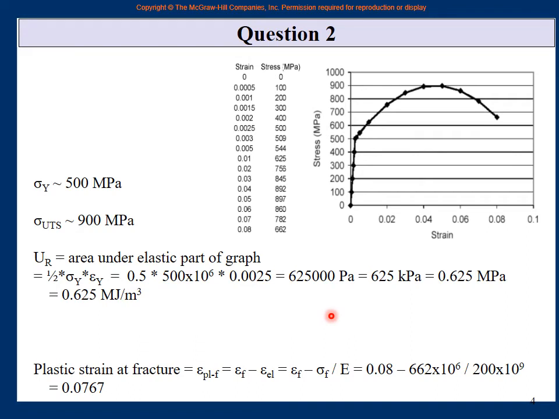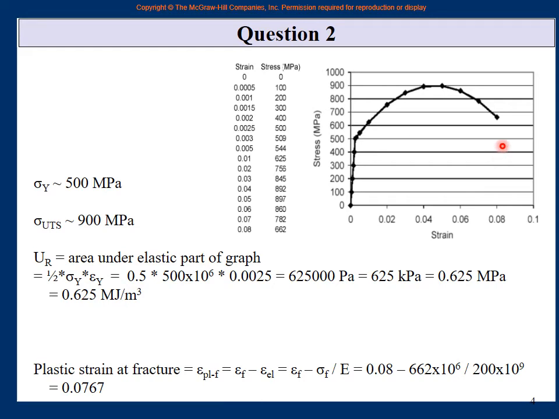If you have not calculated it, then you can find it, right? But if you know the Young's modulus, then the slope is there. So let us see. I am saying plastic strain at fracture, which I am saying strain plastic at fracture, is strain at fracture minus the elastic strain at fracture.